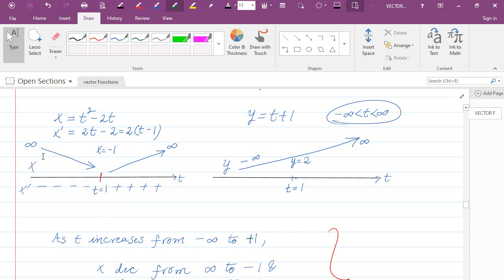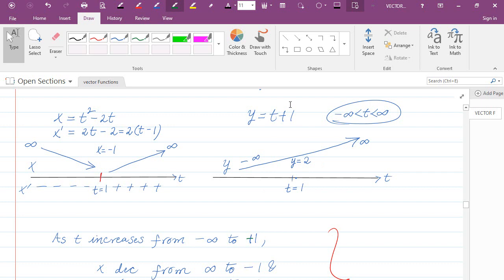And the reason I know that is because when t is big and negative, t squared is big and positive, and that's the dominant term here. So we know that x is going to decrease from infinity to negative 1. Now, as t progresses from 1 to infinity, x is increasing from negative 1 to infinity.